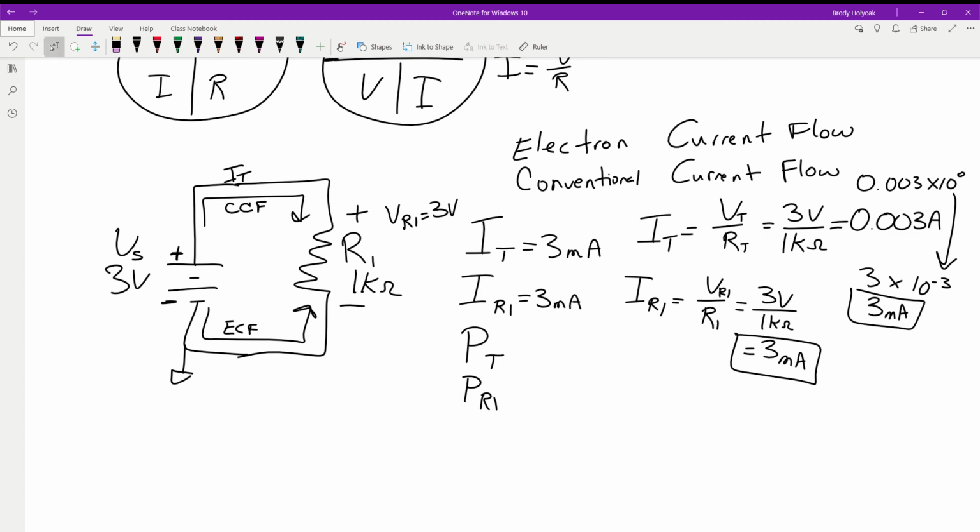If you were to break this here, you were to put in an ammeter, so a meter that would measure your current, you could put it in here. You're going to measure your I total, which is 3 milliamps. You could move that meter down to here.